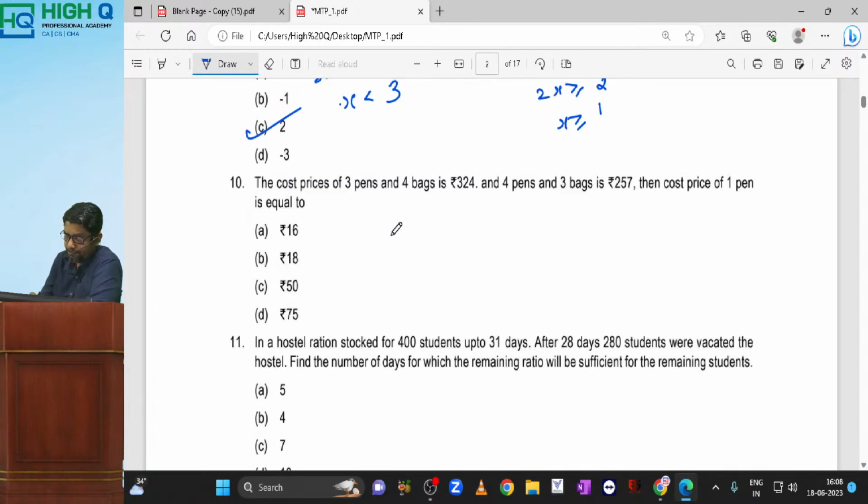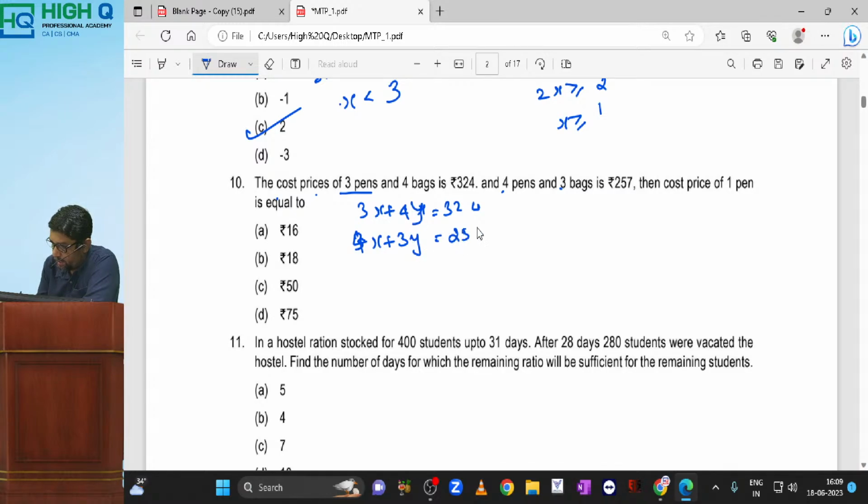Next step. The cost price of 3 pens and 4 bags is 324. 4 pens and 3 bags is equal to 257. Then the cost price of 1 pen is equal to what? We need to find out the cost price of 1 pen. Of course, solve it simultaneously, my dear. Sir, I know how to solve it. Of course, my dear. There is one more method also I'll teach.